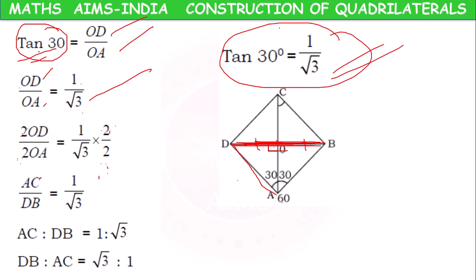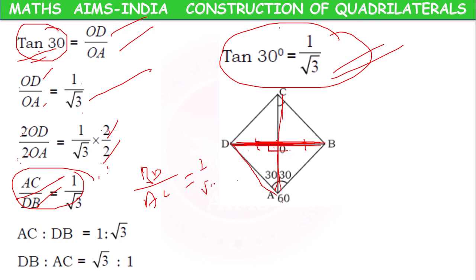And double of OA is equal to AC. So BD by AC equal to, 2 gets cancelled, 1 by root 3.